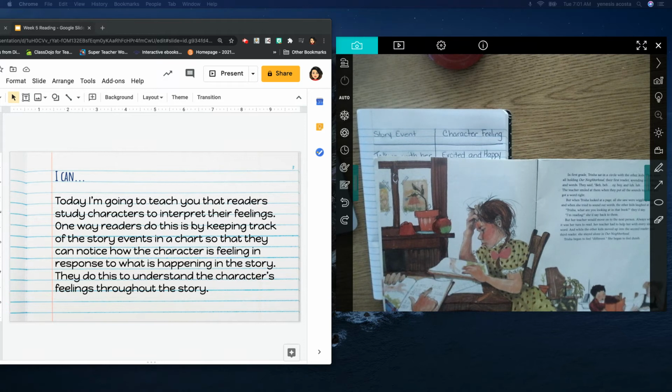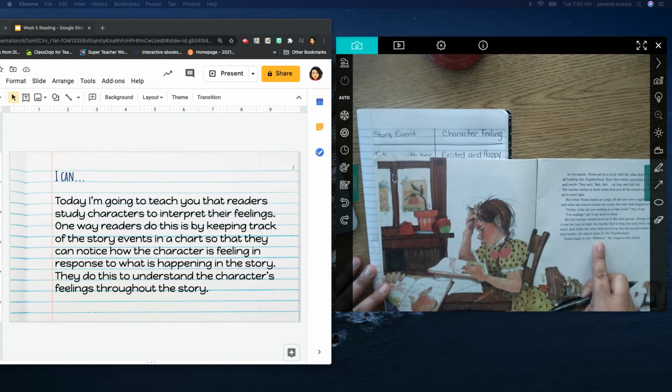She had a really hard time just reading out loud, and the kids laughed at her. From what I see in the illustration, she doesn't look very happy. She looks upset.